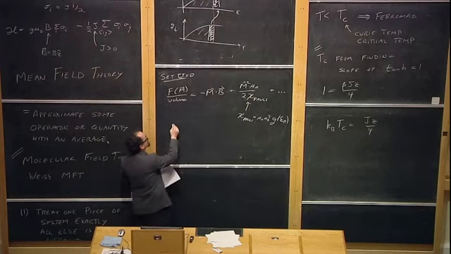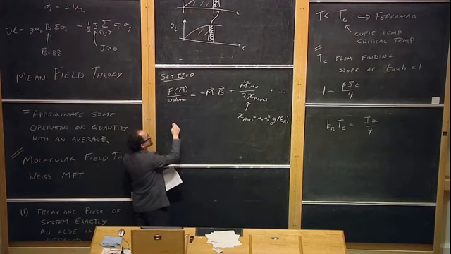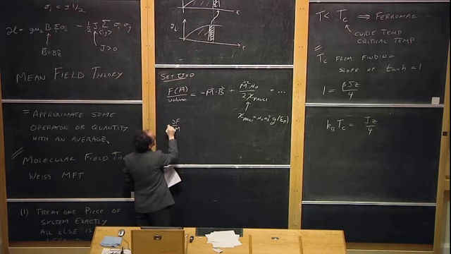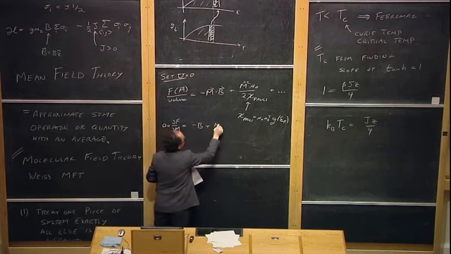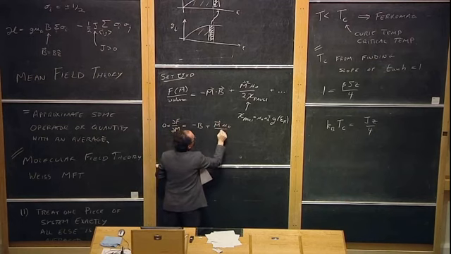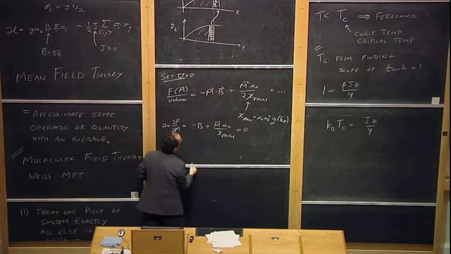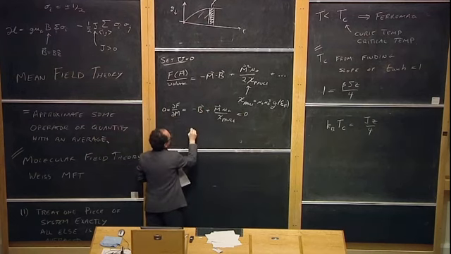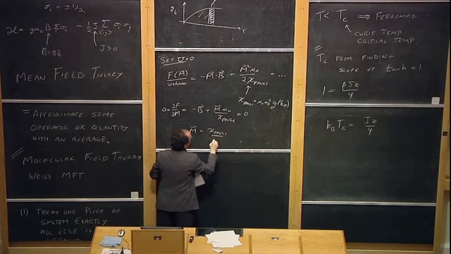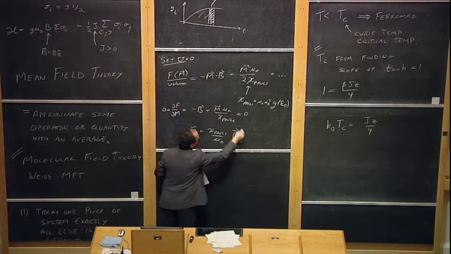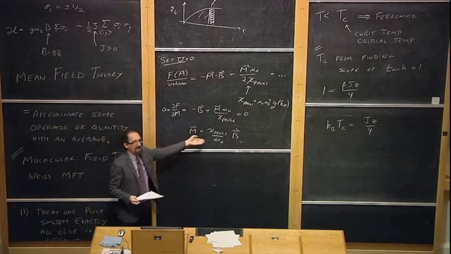And to see that it has to have this form, we know that the free energy should be minimized. So dF/dM has to equal 0. And that tells me that minus B plus M mu naught over chi Pauli has to equal 0. And if you just rearrange that, that tells me that the magnetization is chi Pauli over mu naught times the magnetic field, which is what defines chi Pauli.